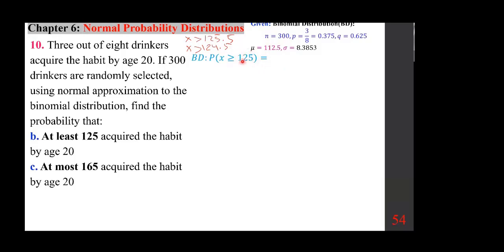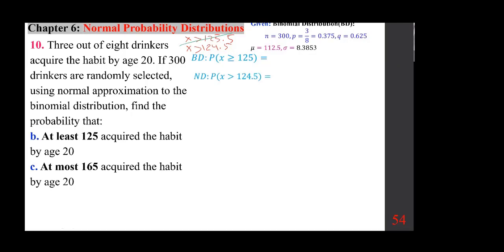So you need the endpoint, namely 125. Now, if I put 125.5 here, the very first integer is 126, and I'm going to miss 125. So therefore, we have to use 124.5.